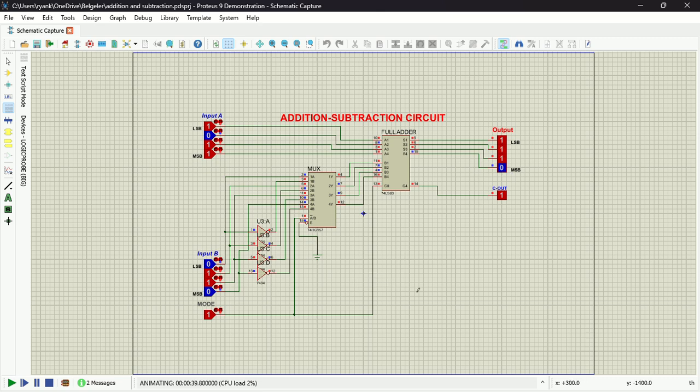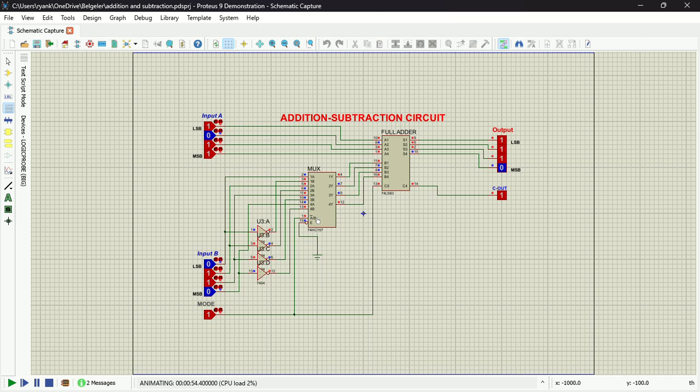So that's basically how the circuit works. Now I'm just going to explain the components and their purpose. I'm going to start with the mux, or the multiplexer. This is a 2-to-1 multiplexer.